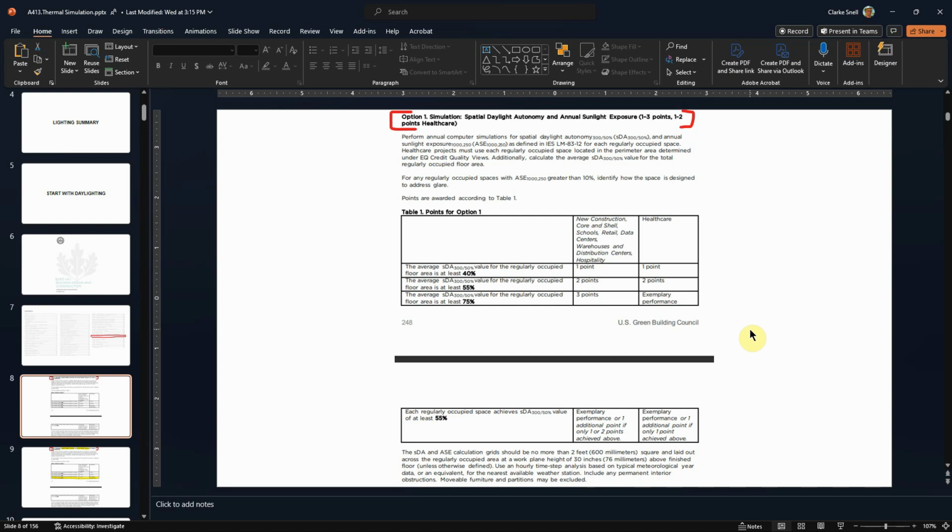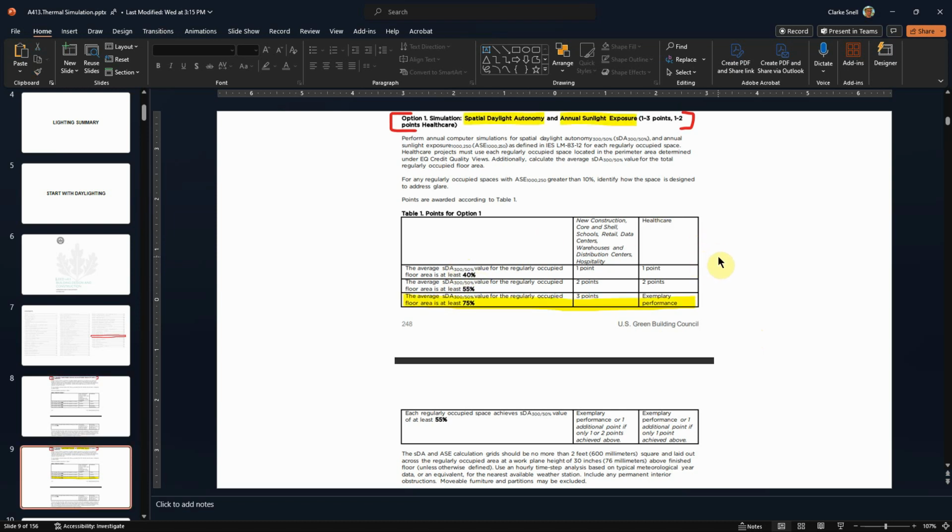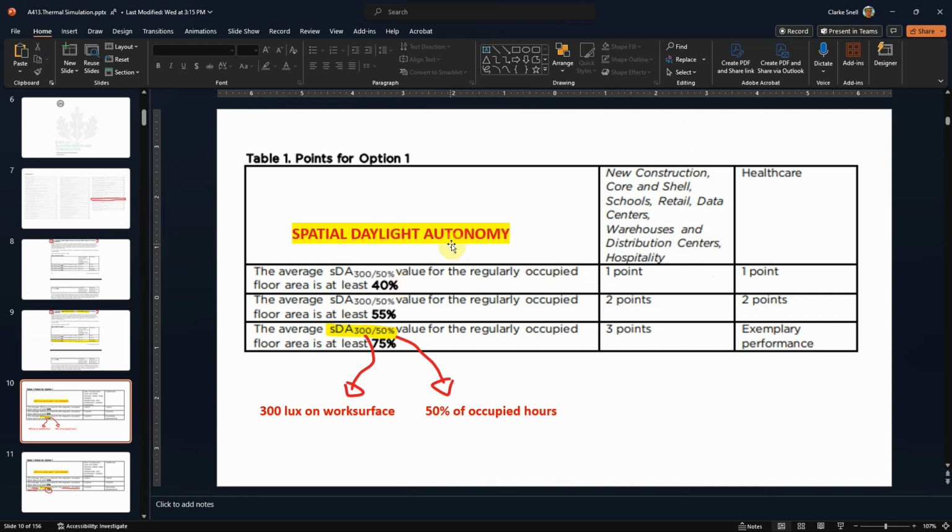There are two basic variables that we're designing for in LEED 4.1 daylighting. The first is called SDA, and that is spatial daylight autonomy. Spatial daylight autonomy is just, do we have enough daylight in a space to be autonomous?